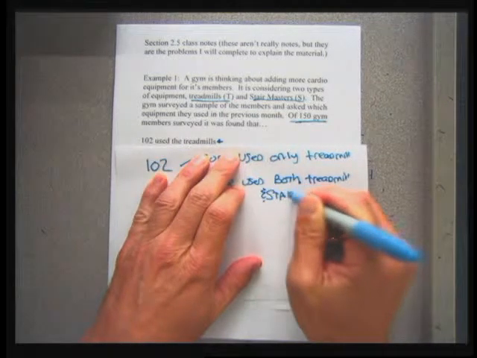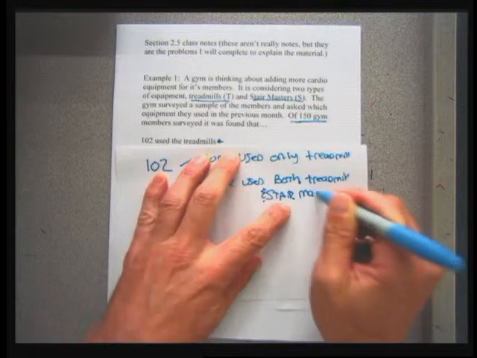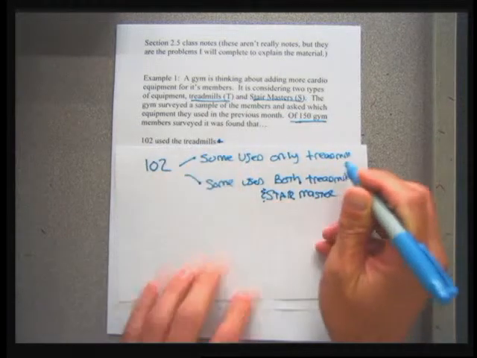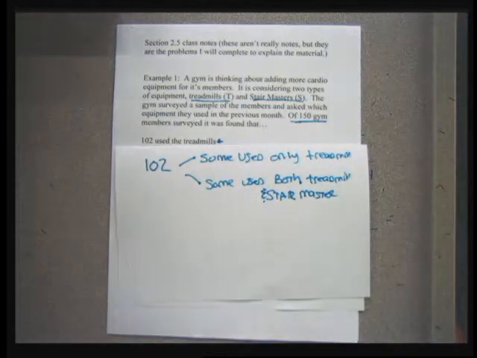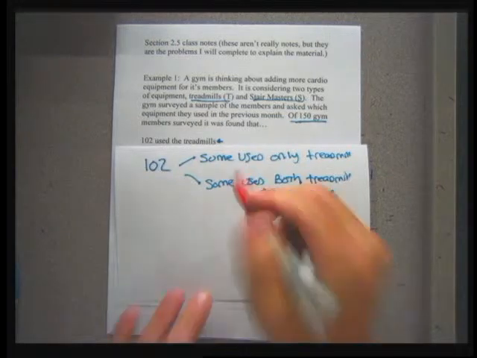Even though the author doesn't say that, it looks like he's just telling us how many people use the treadmill only. That's not what that 102 represents. The 102 represents the 102 people that use the treadmill, some only the treadmill, some both the treadmill and the Stairmaster.